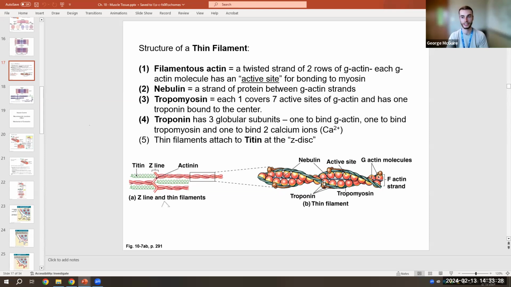But as far as how this myofibril is going to act, we care about troponin, tropomyosin, and then the globular actin where the myosin is attaching. So again, calcium floods in, it bonds with troponin, troponin changes shape, which is going to move tropomyosin away, and that allows for myosin heads to now bond with the active site of G-actin.